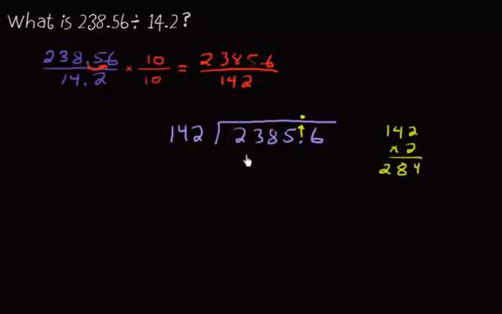Well, 284 is bigger than 238, so the best it can do is go in once. So 1 times 142 is 142. We would then subtract. 8 minus 2 is 6. Now 3 minus 4 we can't do, so we have that rule where you come over and take 1 away. So now we have 13 minus 4, which is 9. And then 1 minus 1 is 0, which we don't have to write.